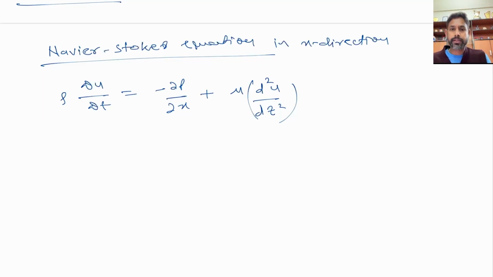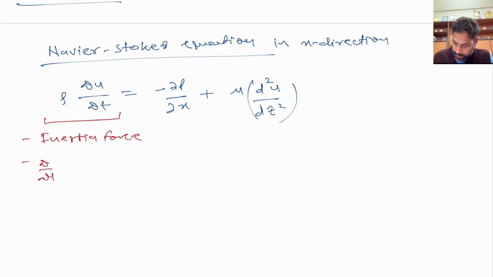In the viscous term, you can see we have only one particular gradient, not the other ones, because this is the only dominant gradient here. So this one represents the inertia force, right, where d by dt is the material derivative.